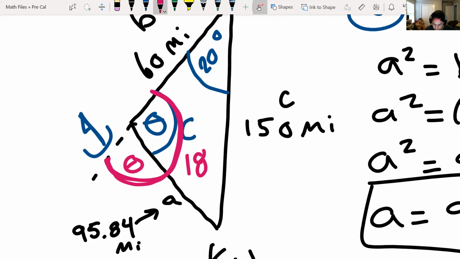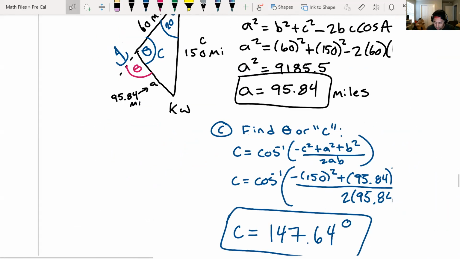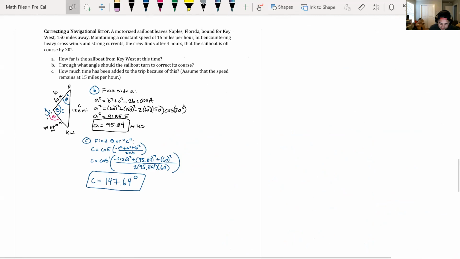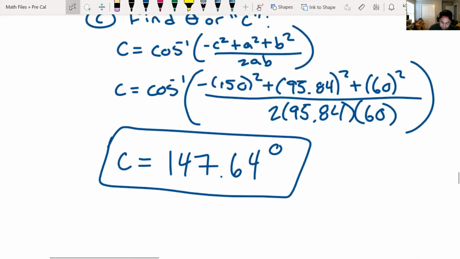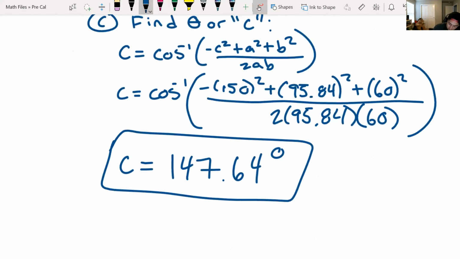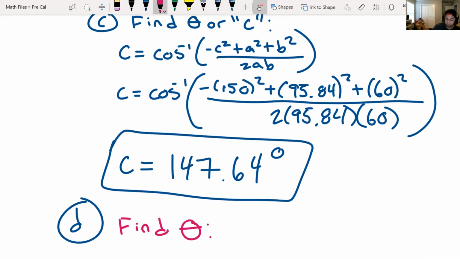So, to find the way the boat has to turn to get back on course, for D, we'll call this step D, we'll say find red theta.